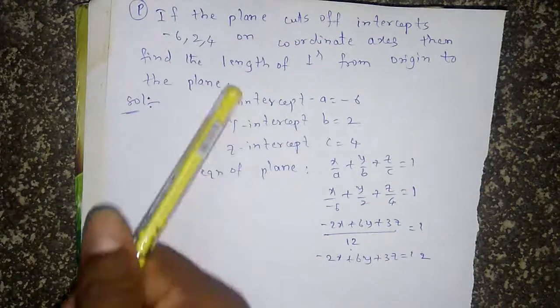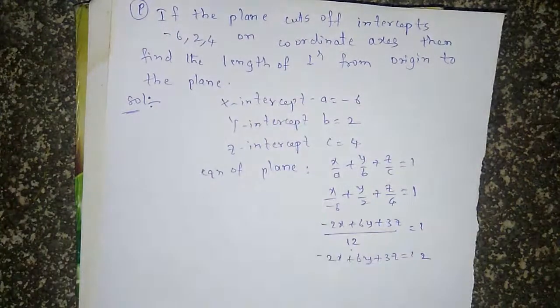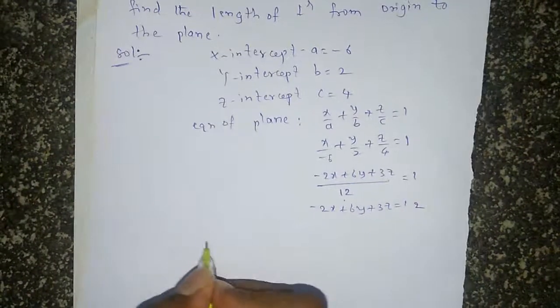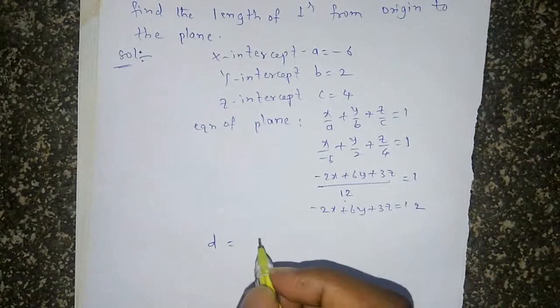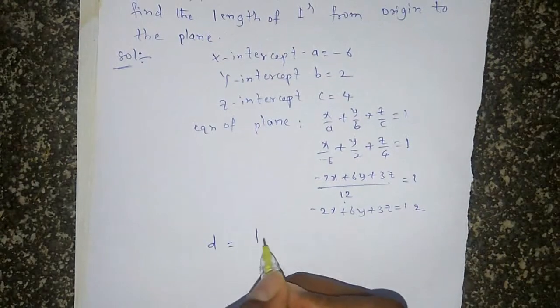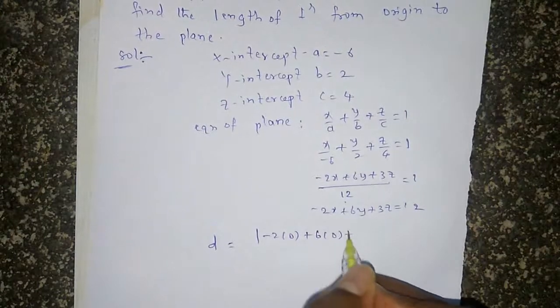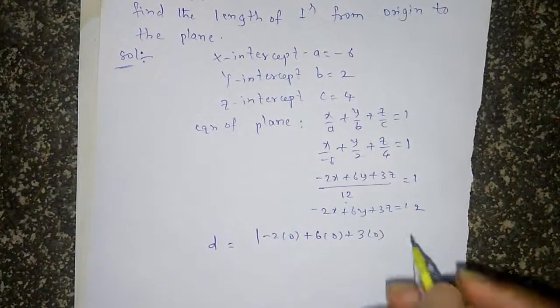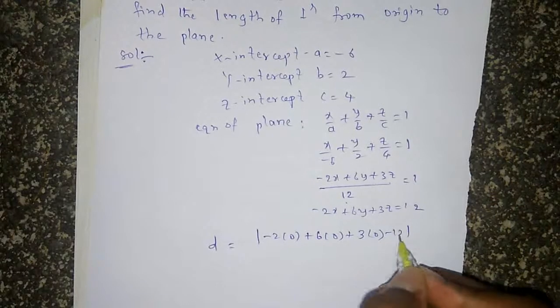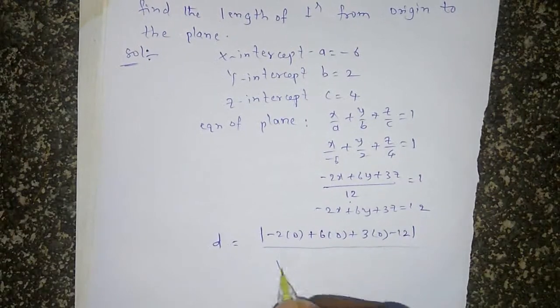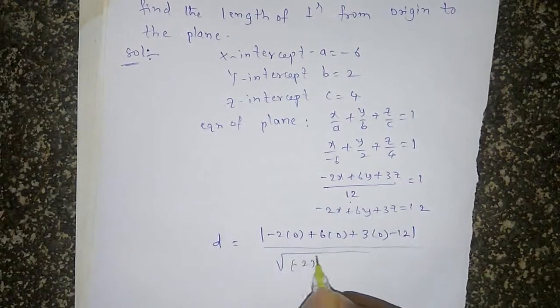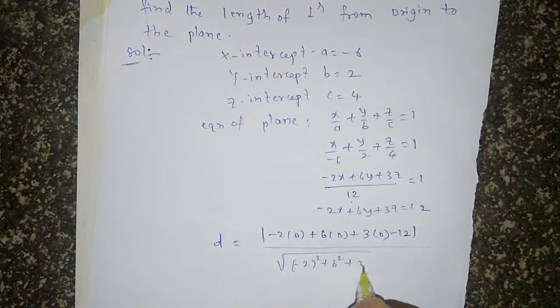Now we need the length of the perpendicular from the origin. So the length of the perpendicular, let us assume p, is modulus of -2 into 0 plus 6 into 0 plus 3 into 0 minus 12, divided by under root of -2 square plus 6 square plus 3 square.